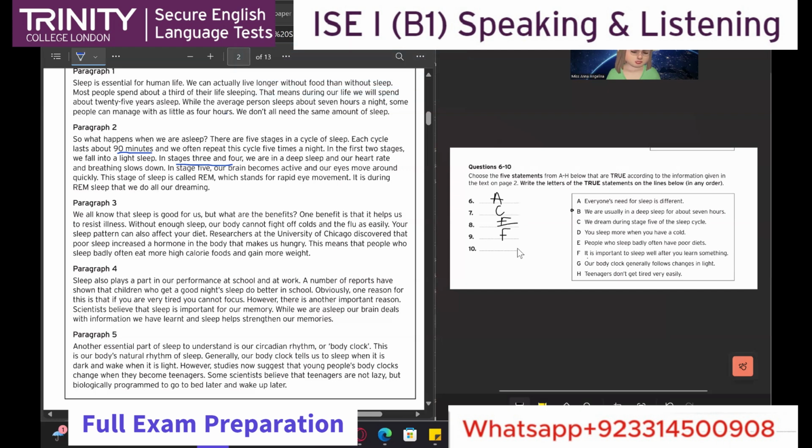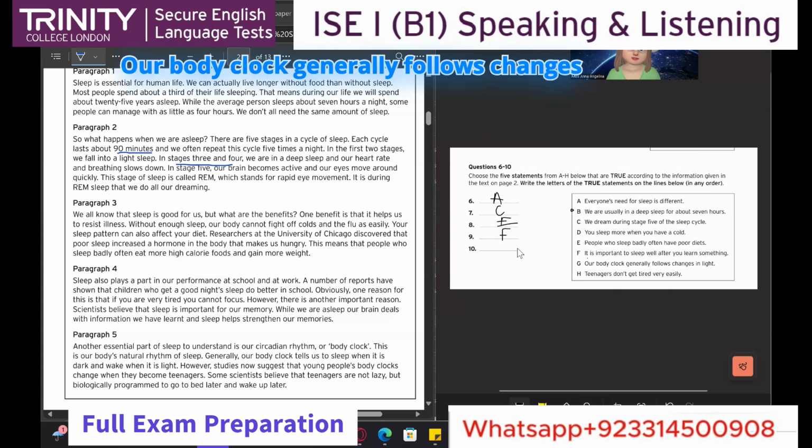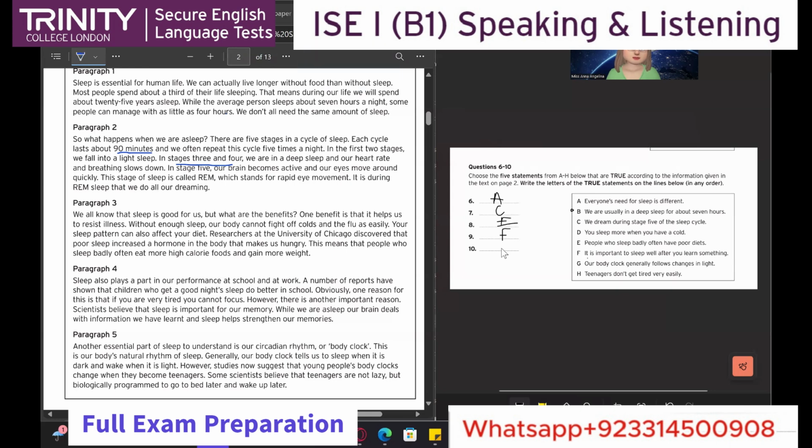Then, our body clock generally follows changes in light. Yes, that's right, because our body clock changes with light.